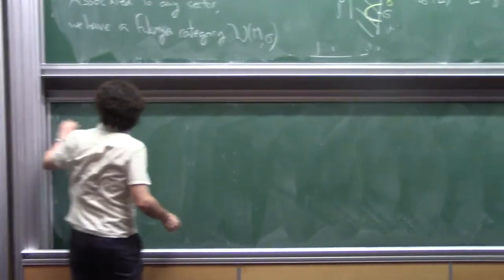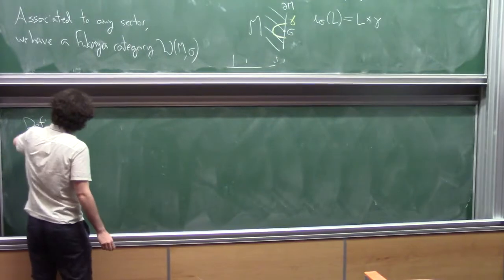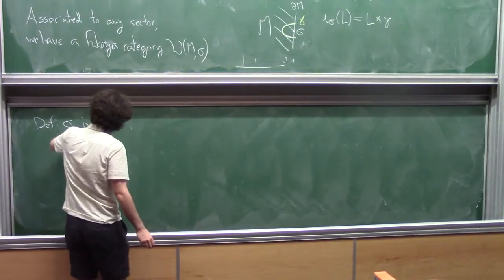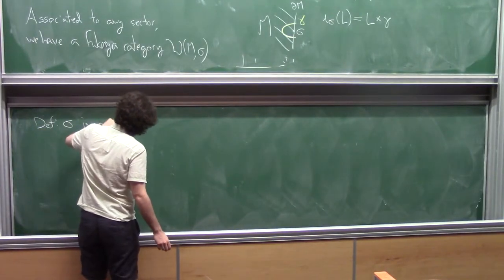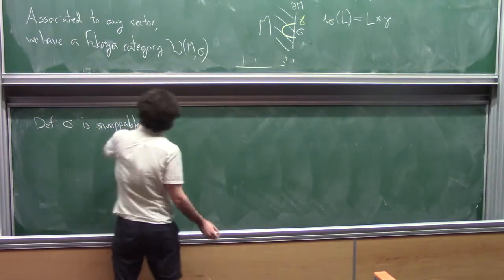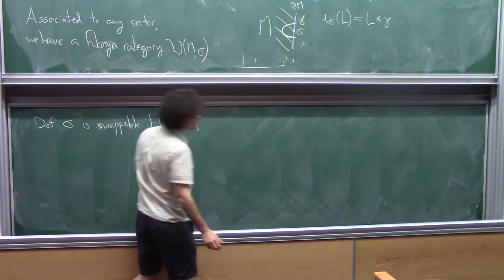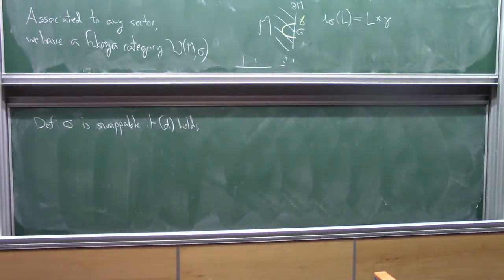Okay, definition. Sigma is swappable if condition G holds. The other criteria say that you can check swappability in a fairly straightforward way.